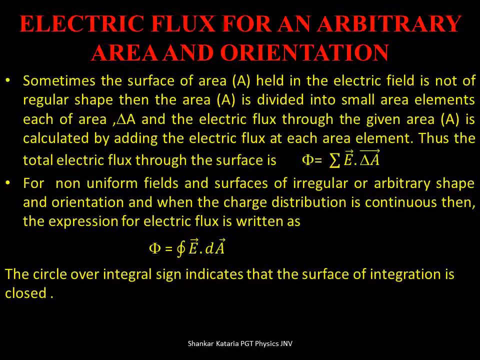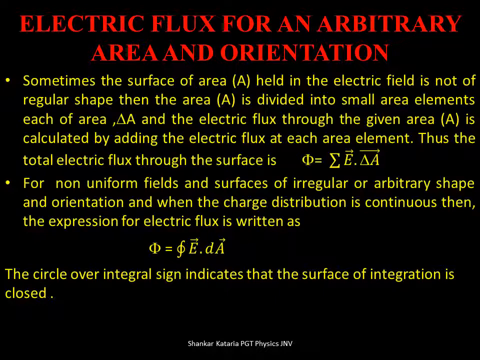Sometimes our area is very large and we cannot take the whole area at one go. So we divide this area into small area elements. This is especially important when the electric field is non-uniform and our area is not regular.